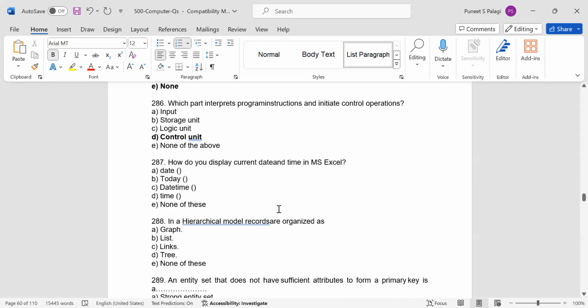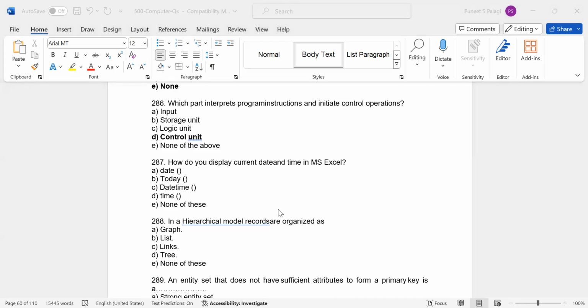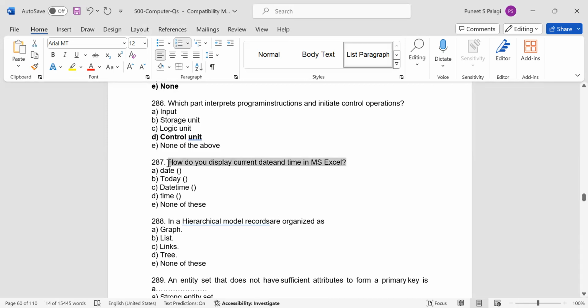How do you display the current date and time in MS Excel? Is it date, today, date time, time?